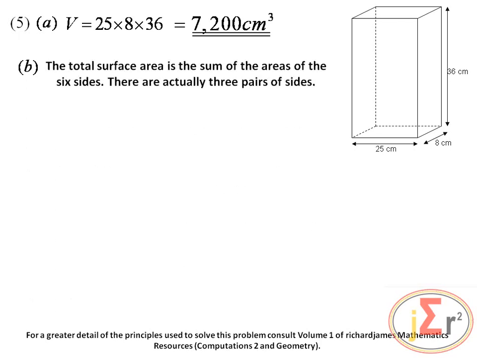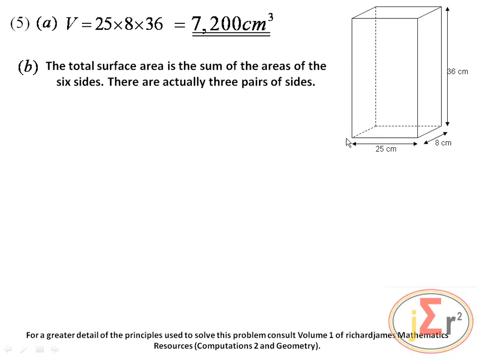The total surface area is the sum of the areas of the 6 sides. There are actually 3 pairs of sides in a rectangular prism. This face is going to be equal to the one at the back, and the one at the top is equal to the one at the bottom, and so on.